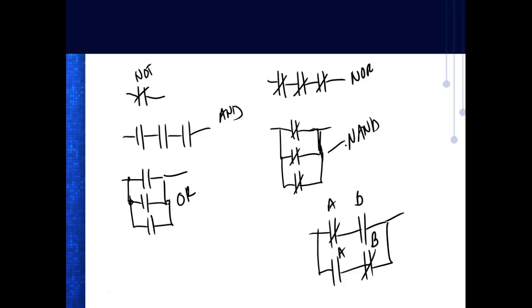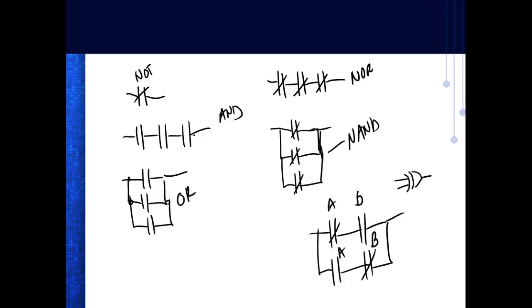On this one, what's this one? So this guy right here, we've got two exclusive symbols. By the way, how many inputs can an AND function have? How many contacts can I put in series? How many contacts can I put in parallel?